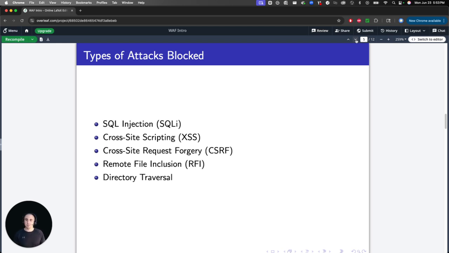Types of attacks blocked: SQL injection, cross-site scripting, these are the big ones, right? We're thinking about web application security and we're looking at web application attacks. This is what you're talking about, and it helps block all of these. Now it is dependent on if you do it right and you make sure as a security engineer that you configure it correctly.